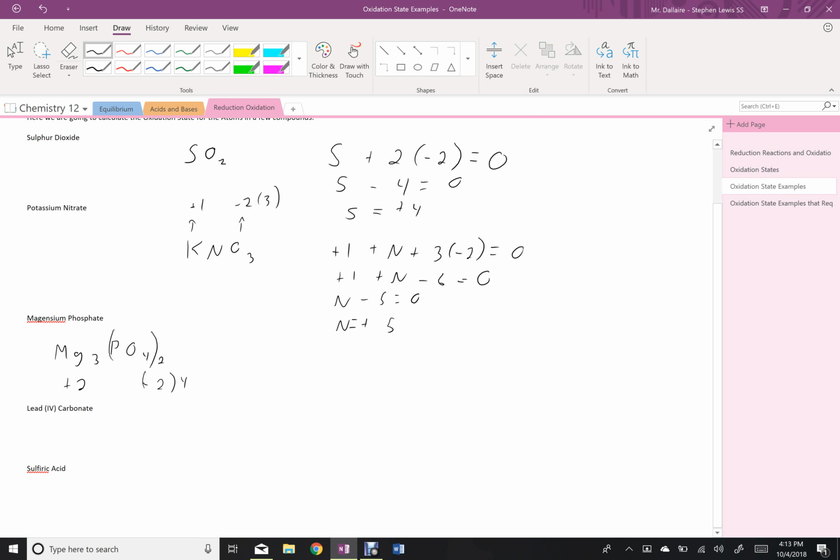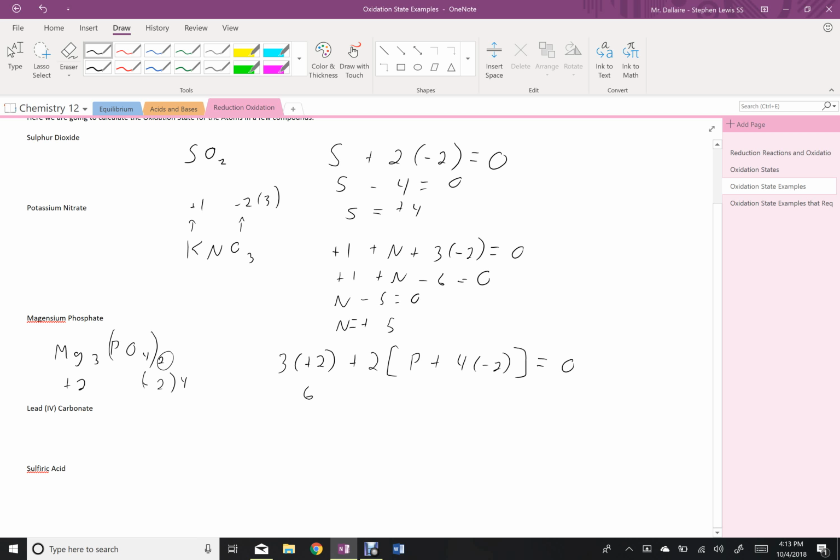And there's 4 of them in each phosphate, and there are going to be 2 phosphates in the compound. So, again, this is written as a neutral compound. So I have 3 magnesiums at plus 2 each. I have, all in brackets, 2 times this because I have 2 phosphates. Phosphate plus 4 oxygens. And that all has to total to 0.